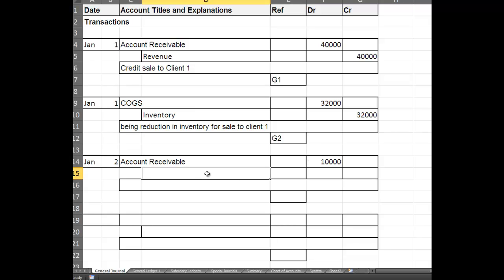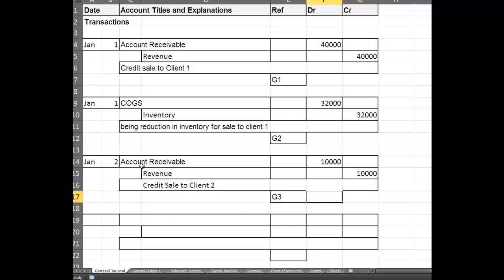On January 2 we've got a sale of inventory for $10,000, a sale on credit, so we have an account receivable, which is the debit, and a credit for revenue, $10,000. And this is a credit sale to client 2. Call this G3.